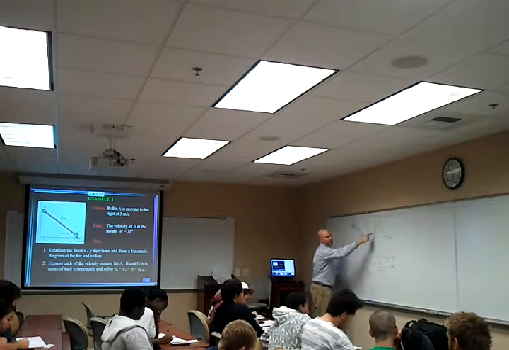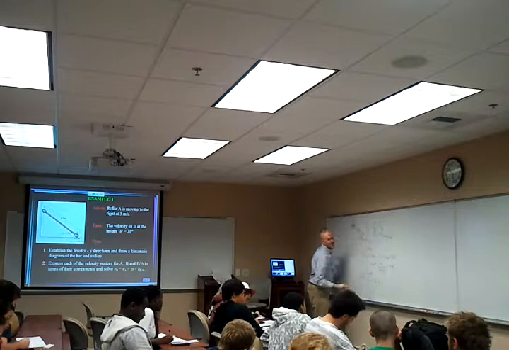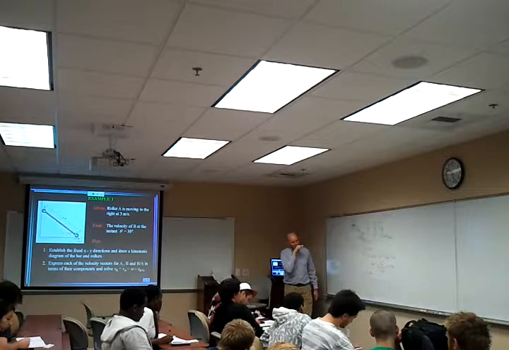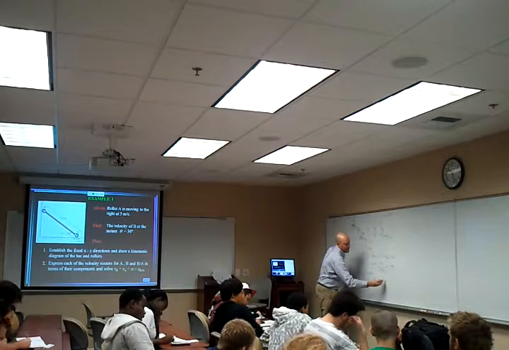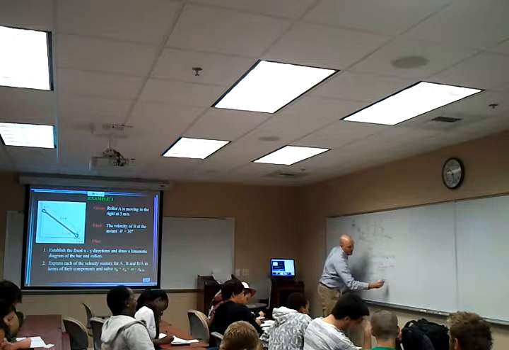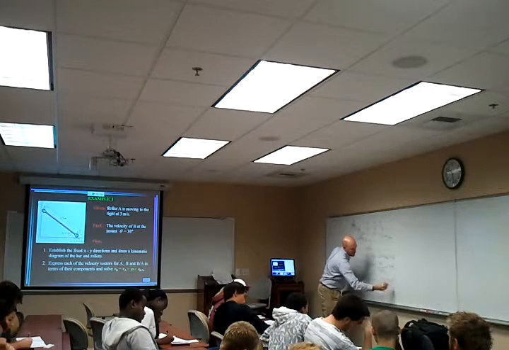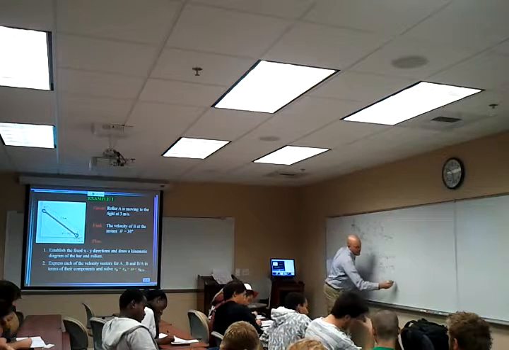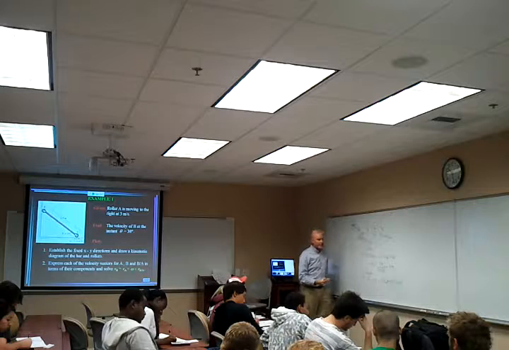Is equal to VA, 0, plus VB with respect to A, which is minus 1.5 meters times omega AB, 4 radians per second, times cosine 30 degrees.